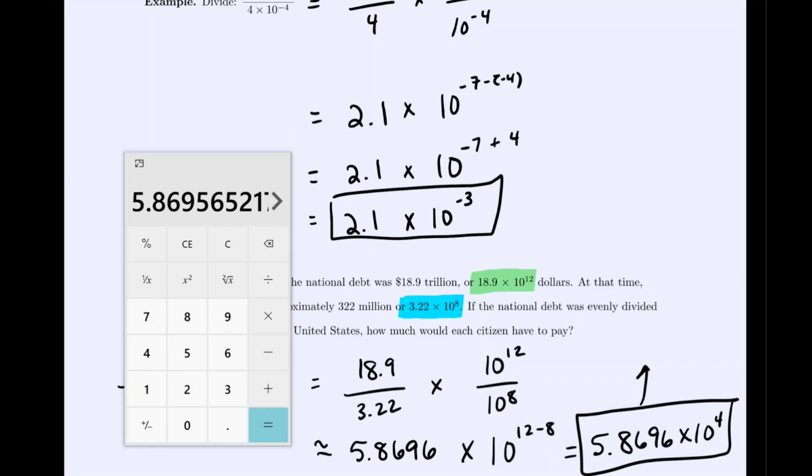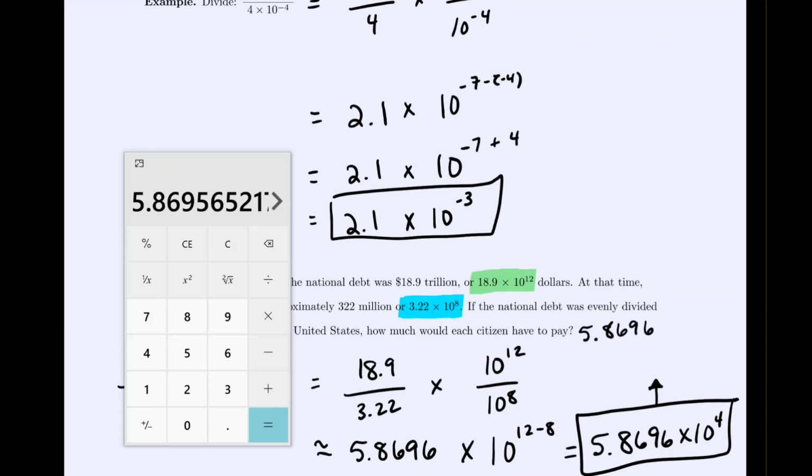And just for practice, why don't you write this in decimal form? So turn this scientific notation into decimal form. Pause the video while you attempt that. Remember, you start with the value in front of the multiplication, and it says move the decimal 4 places since it's positive to the right. So we had 8696.